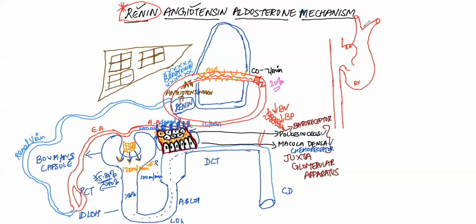Now, what happens next is you have to draw the left side of the heart. The left side of the heart is mainly constituted by the left ventricle. First we'll draw a small left auricle. This left auricle will receive the pulmonary trunk.